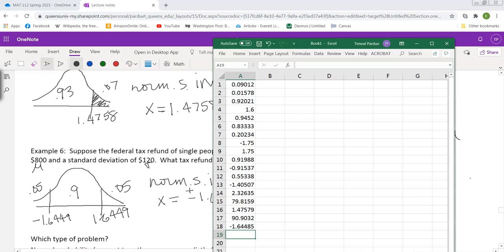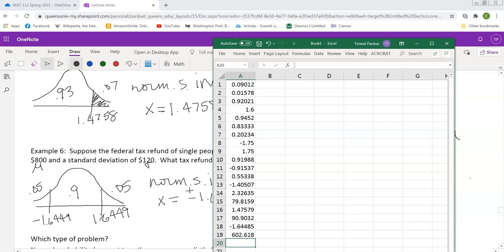So let's start with the negative one: that value we just found times 120, plus 800.